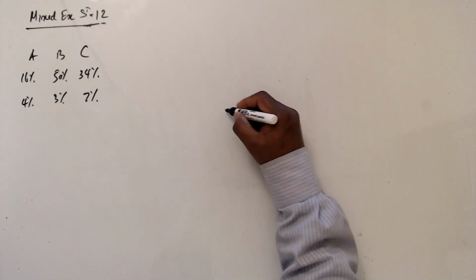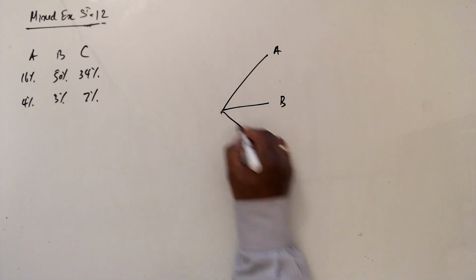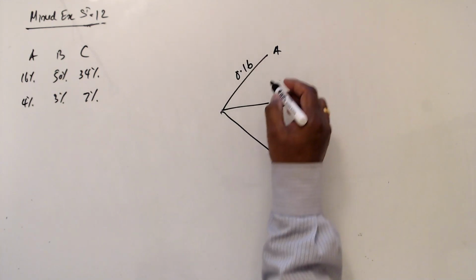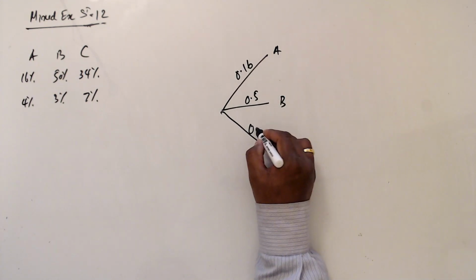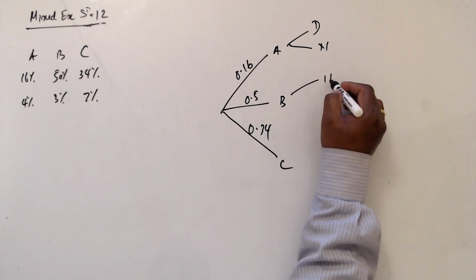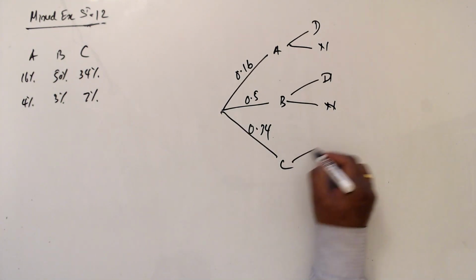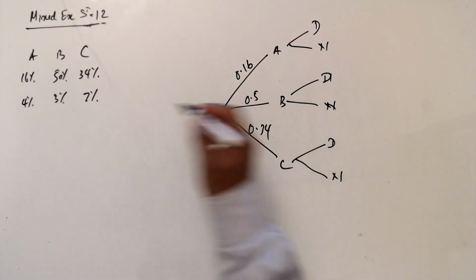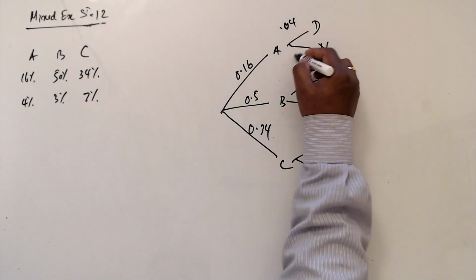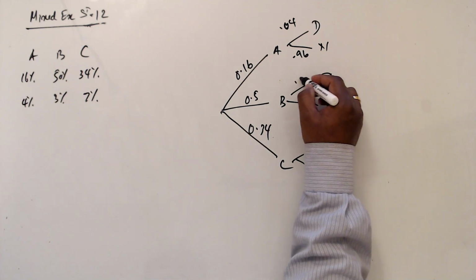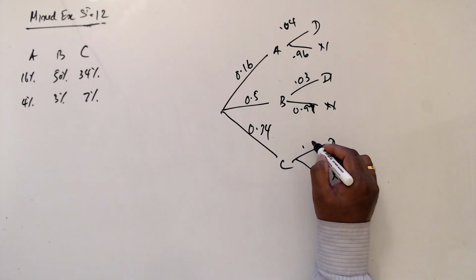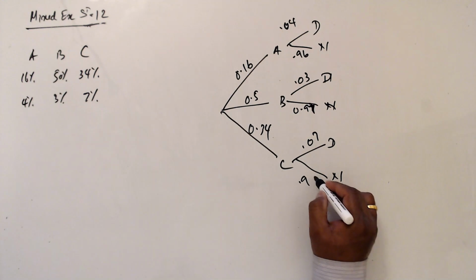So we'll draw A, B, C, 3 factories with 0.16, 0.5, and 0.34, each with defective and non-defective branches. So 4% defective means 0.04, then 0.96 is good. 3% is 0.03 defective, 0.97 is good, and 0.07 is defective, 0.93 is good.